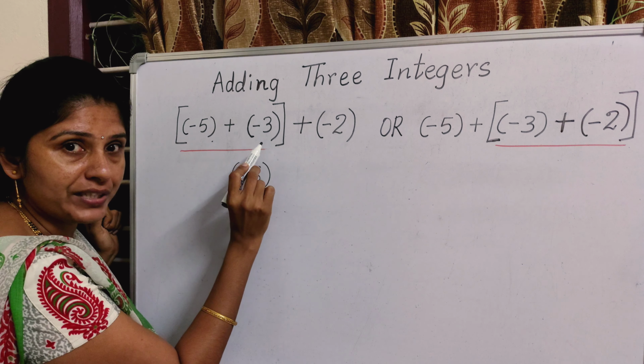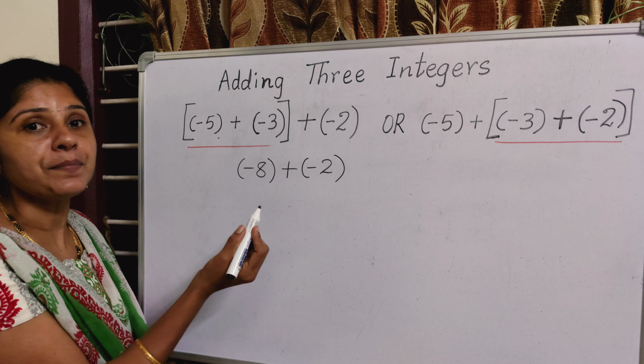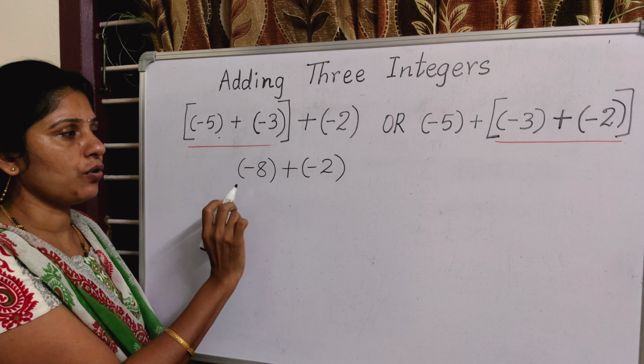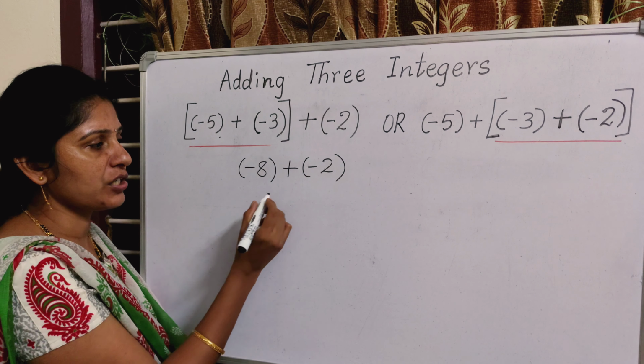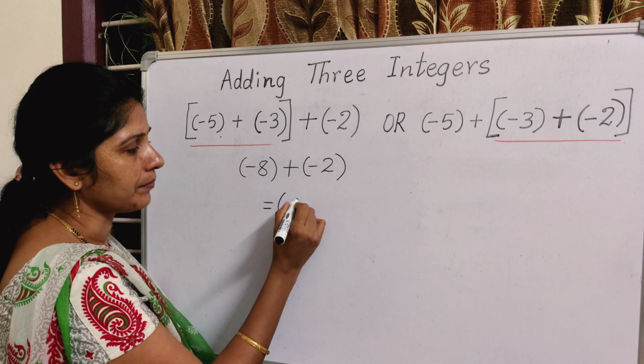Next let us add minus 2 to this answer. Now minus 8 plus minus 2. Both the integers are negative integers, so add them and keep the same sign in the answer. So minus 8 plus minus 2 is equal to minus 10.